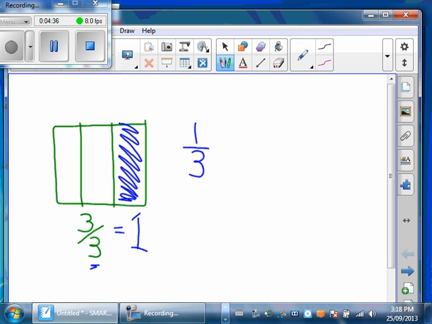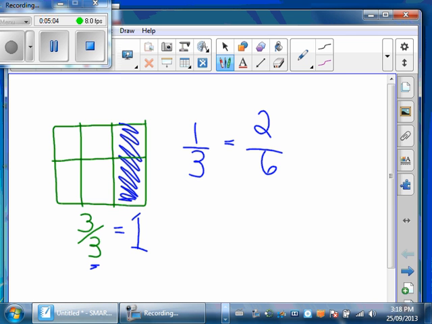Well, what would happen if I split this again? Well, I haven't changed the shading at all, but I have changed the number of parts that are in it. I now have 6 parts, and of those 6 parts, I have 2 that are shaded.